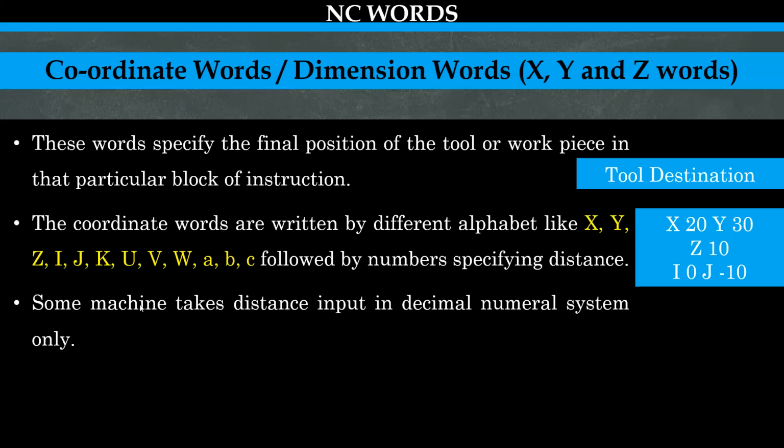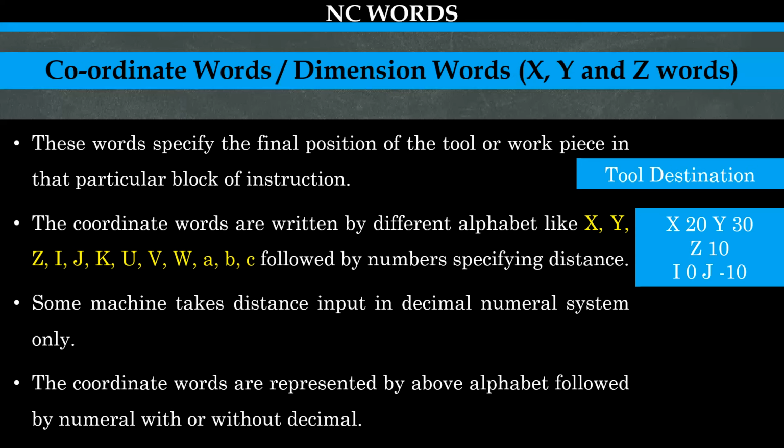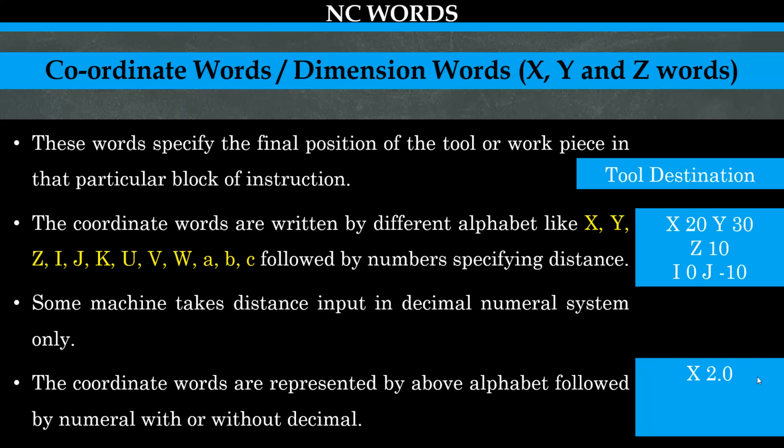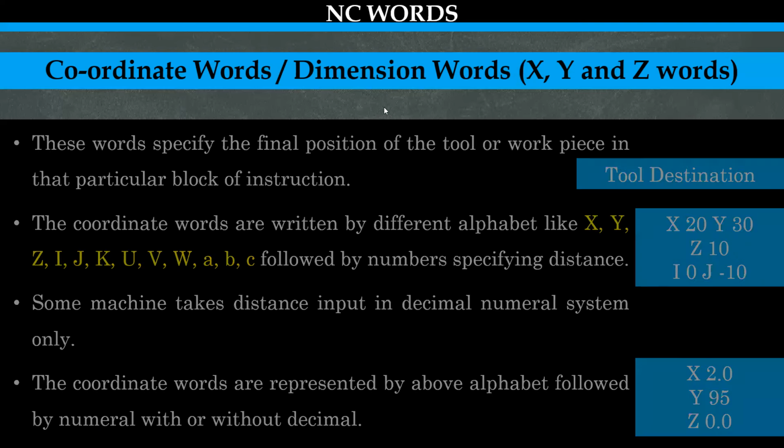Some machines take distance input in decimal numerical system only, and some take it without decimals also. The coordinate words are represented by the above alphabet followed by a number with or without decimal, like this: X2.0, X95, or in some cases Z0.0.